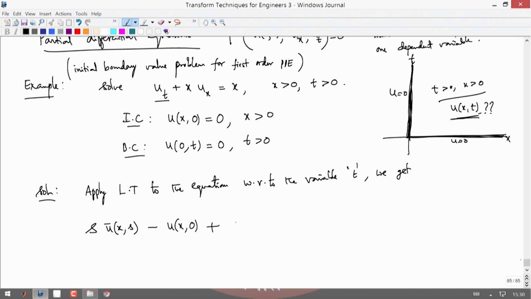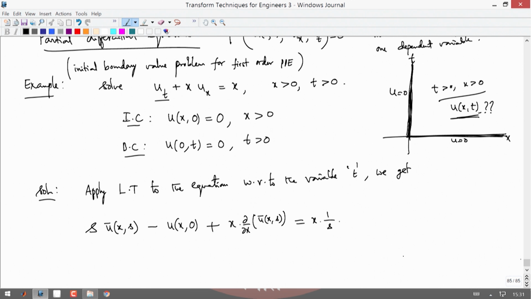And then plus, if you take the Laplace transform of x u_x, that is simply x, a constant, times ∂u/∂x, and you are doing the Laplace transform with respect to the t variable. So it has nothing to do with this ∂x, that comes out, and you only take the Laplace transform of u, that is ū of x with respect to t. So, that is your s, and this is equal to x times the Laplace transform of 1 with respect to s, that is 1 by s.